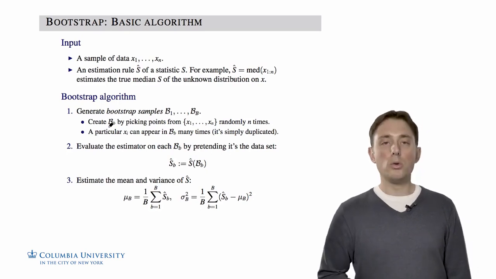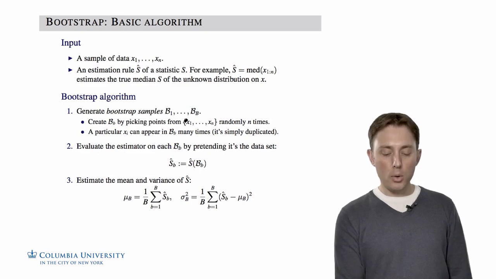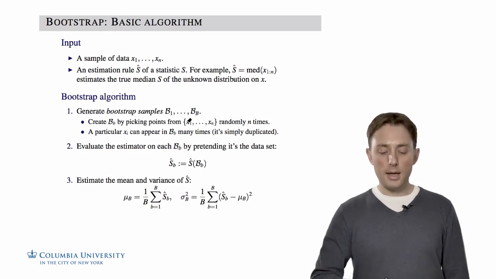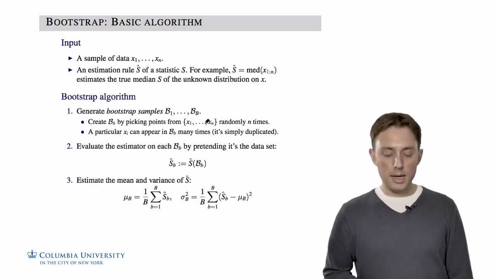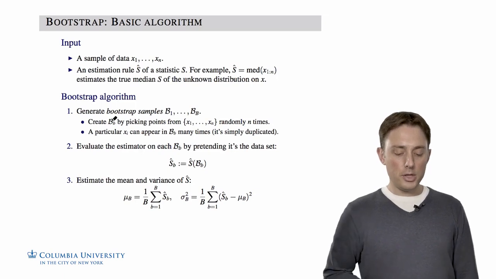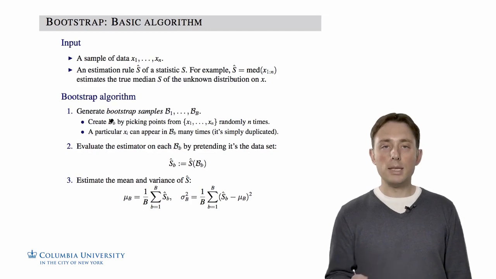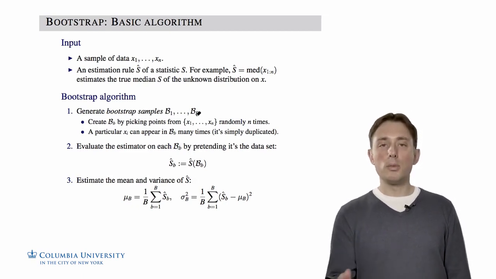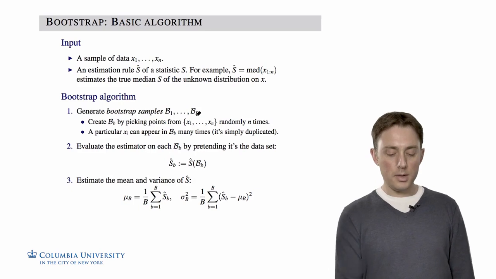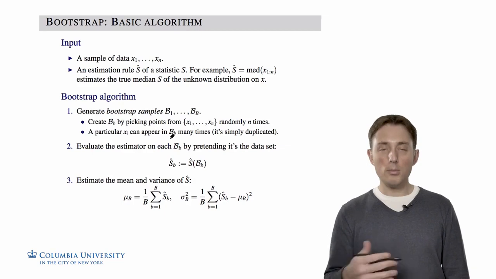For each individual sample, little b, we construct a brand new data set, also of size n, by picking points from our data set randomly n times, uniformly at random with replacement. So each particular point xi can appear in this set multiple times.